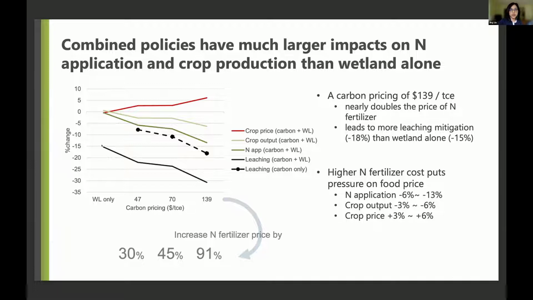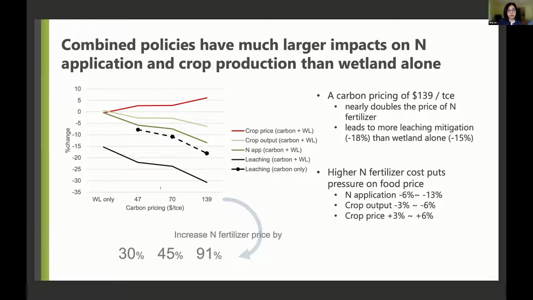You see there is about 15% of leaching reduction due to wetland restoration, but barely any impact on fertilizer use and crop output because it doesn't affect farmers' behavior of using fertilizer.